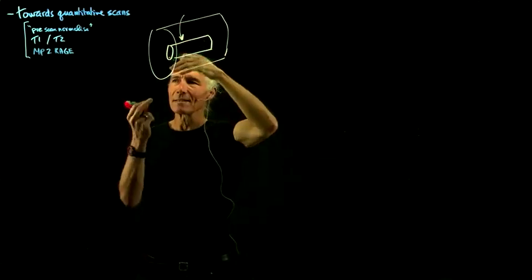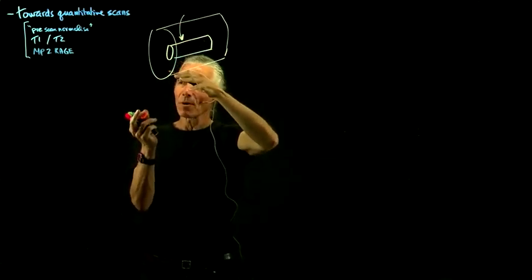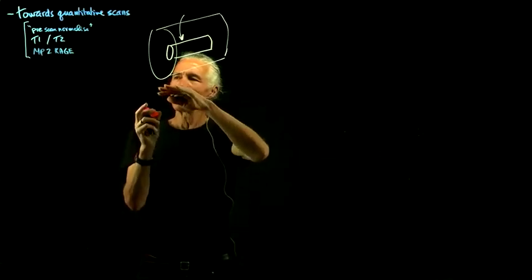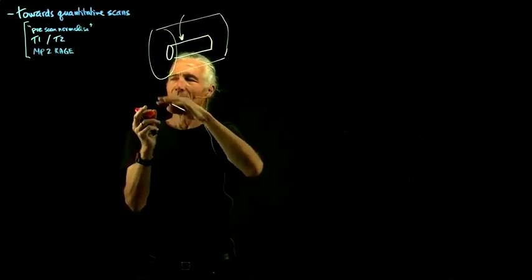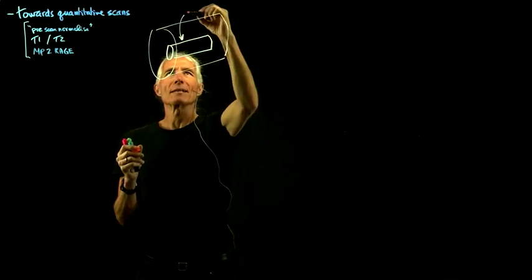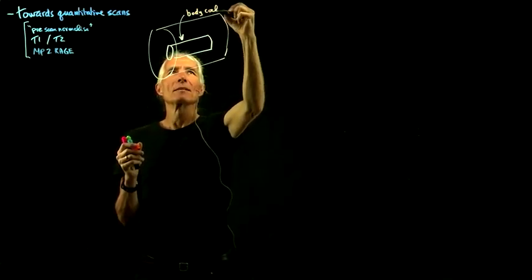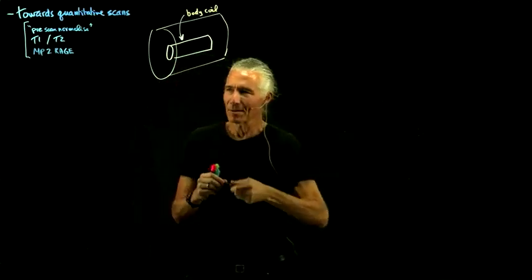It forms the bore. Actually, the body coil is just right beyond the actual physical central bore of the magnet. So that's the body coil, and it's called the body coil because you could image the body through it.